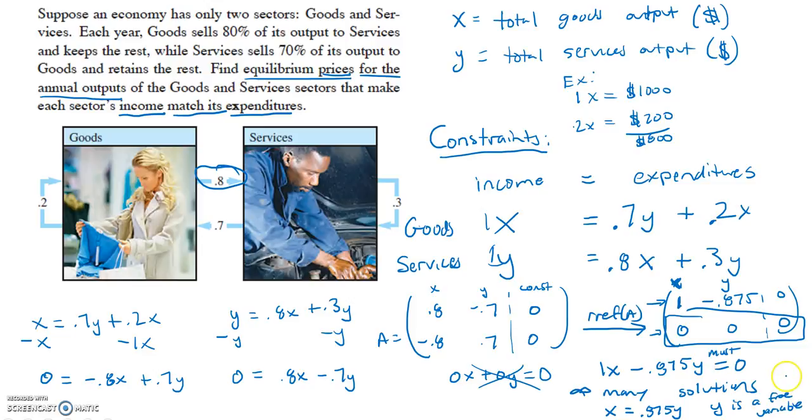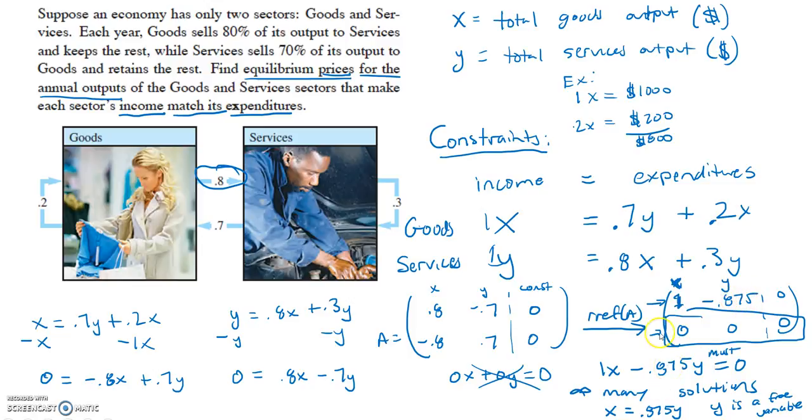Now, you could have made x a free variable as well, but if you follow this rule of thumb, that you look at each row, and the non-free variables are the ones in columns where that value represents the first non-zero value, then it'll make things a little easier down the line.